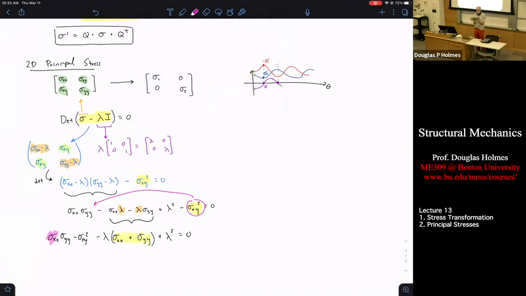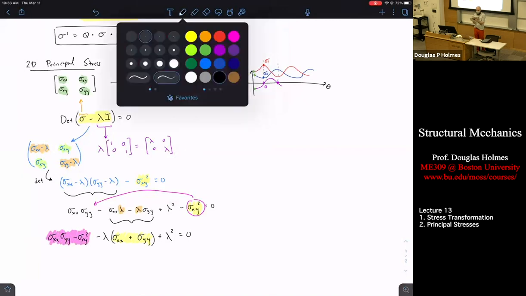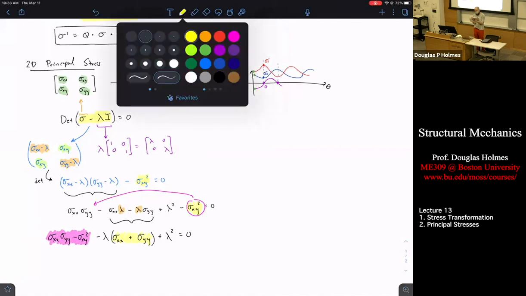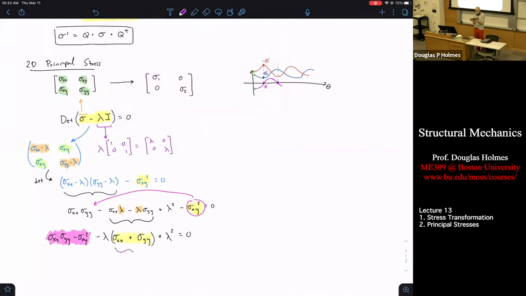This is the determinant. We can call this top one our first invariant, I1, which is the trace of sigma. We can call this thing our second invariant, I2, which is the determinant of sigma.